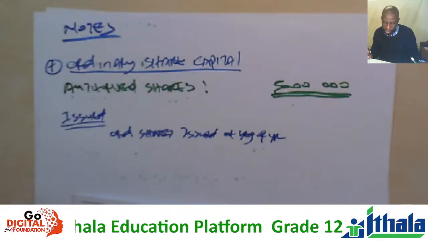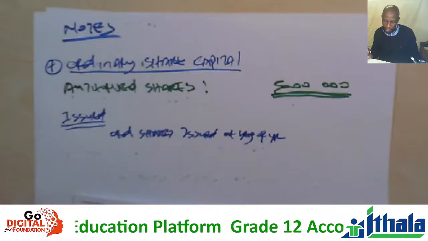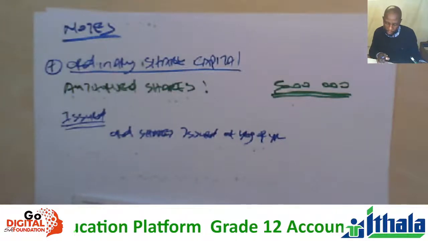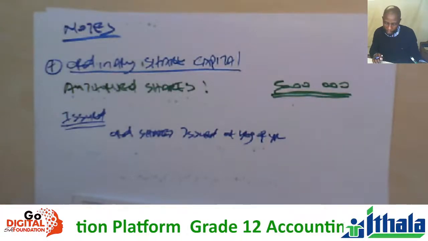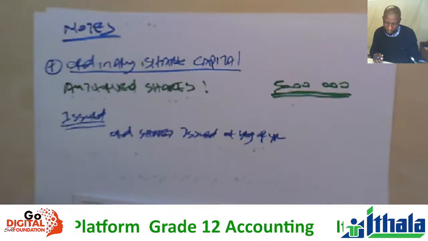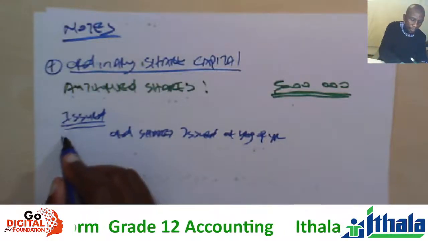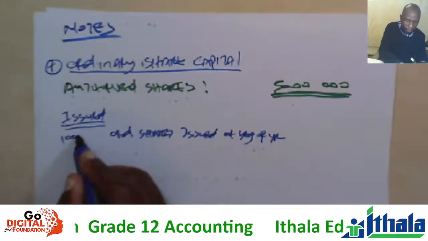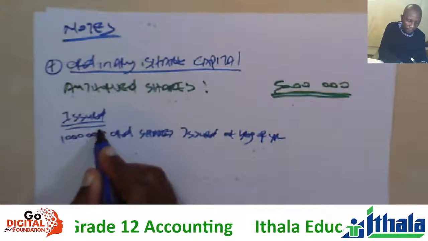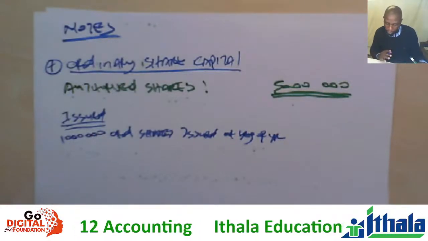The average share price is 6 rand at the beginning of the financial year. At the beginning of the year we are given 1 million, so we issued 1 million shares. We are given 1 million, which is 1.06. It's 160. And we are not given the price.